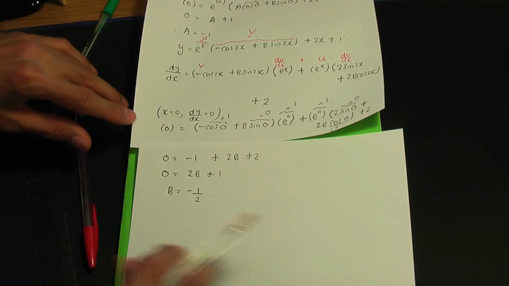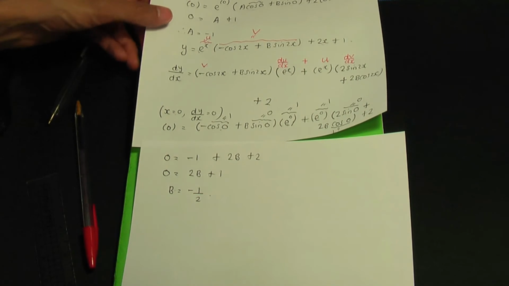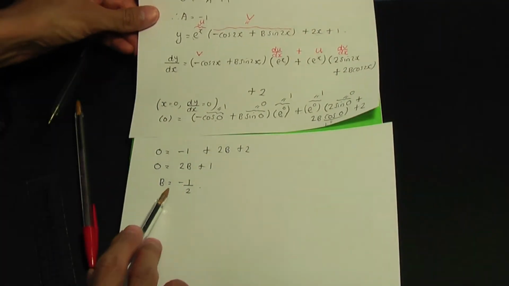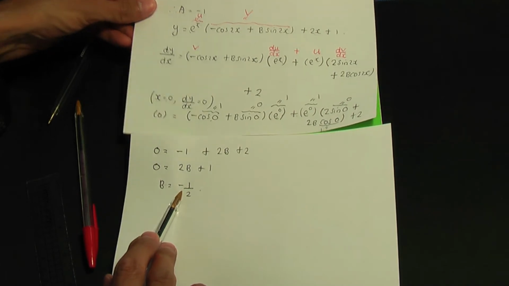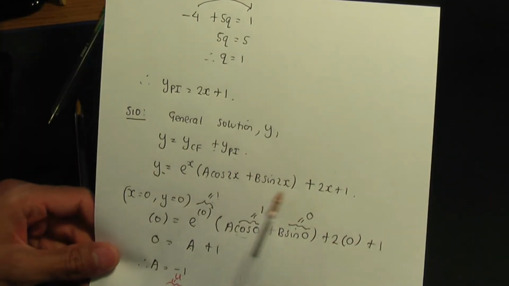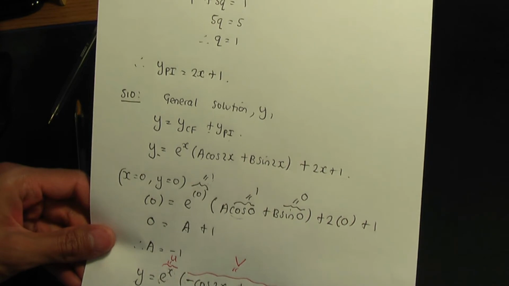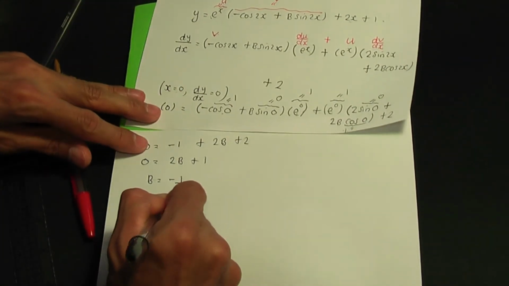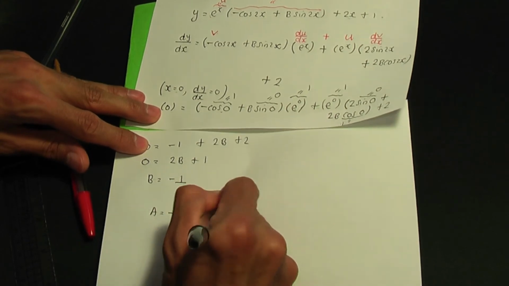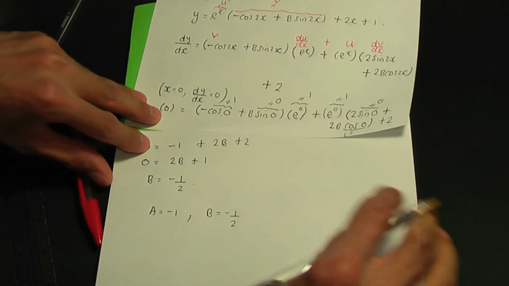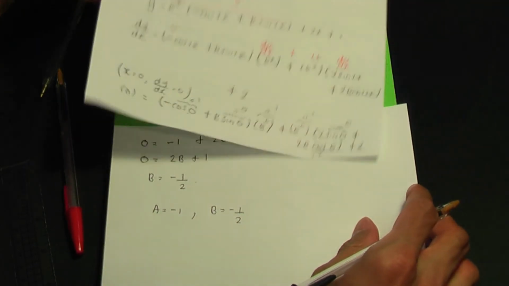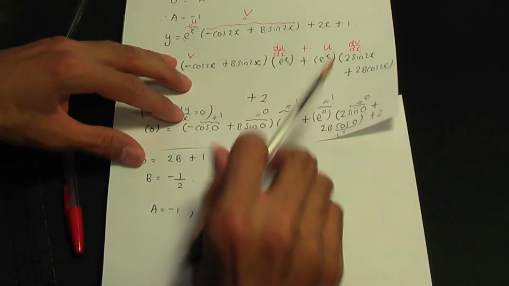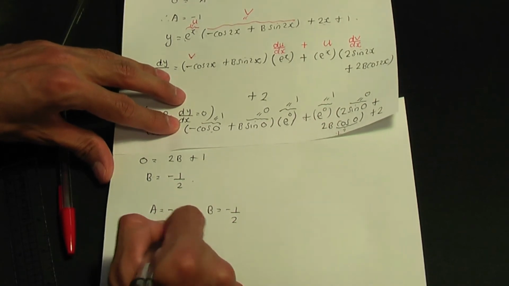So finally, let's substitute the a value, which is minus 1, and the value of b, which is minus half, back into the general solution to get our particular solution.